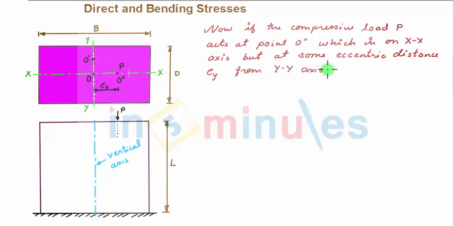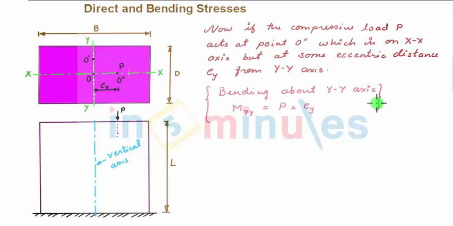The effect of this load P on this cross section will be to produce a uniform compressive stress sigma C as usual, whereas it will also cause the column to bend about the centroidal YY axis, whose bending moment MYY will be given as P into eccentric distance EY.